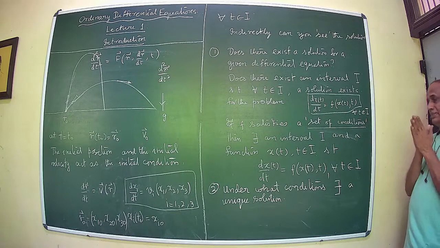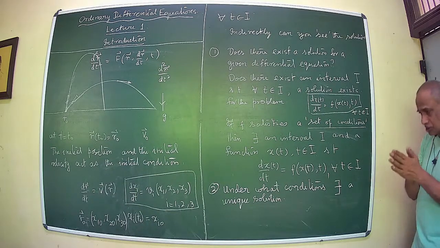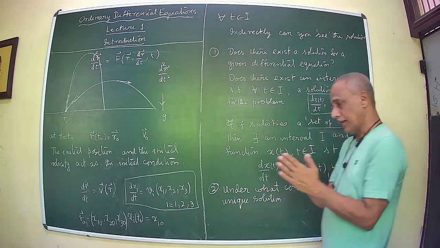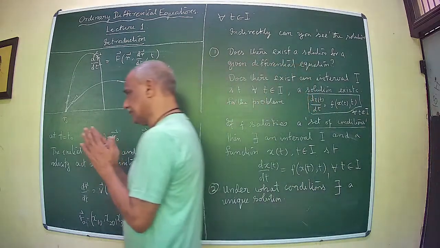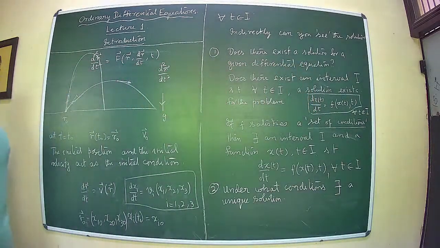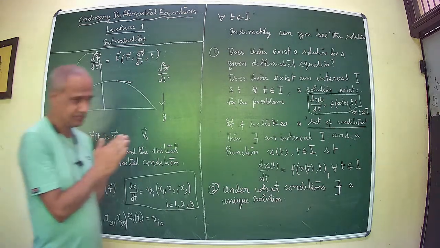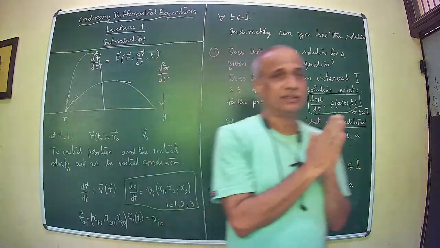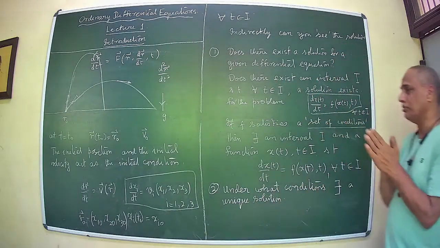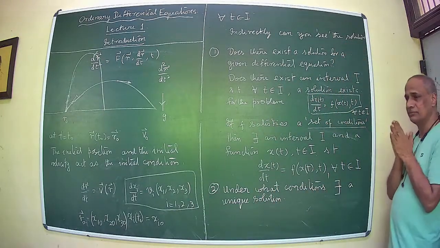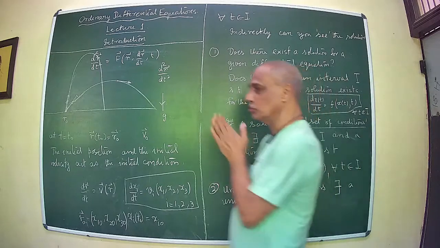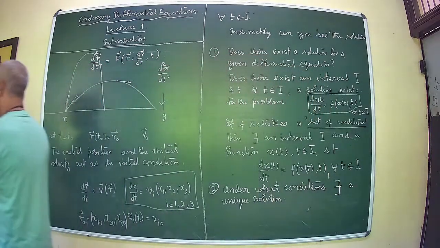Your concern is this. Suppose you make a small error initially. Will the error blow up with time? So that the prediction that you can make using the solution is useless if it blows up.